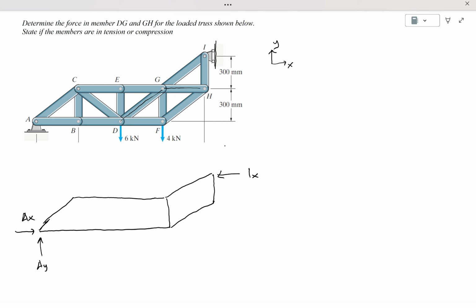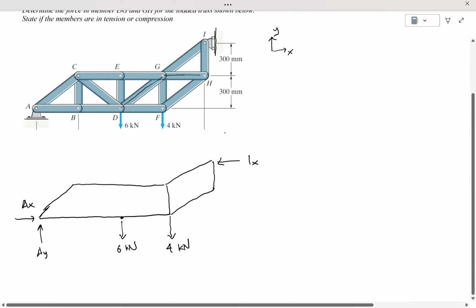And then there is a 6 kilonewton force downwards, and then there is a 4 kilonewton force downward. And this is point I. So this is the free body diagram.